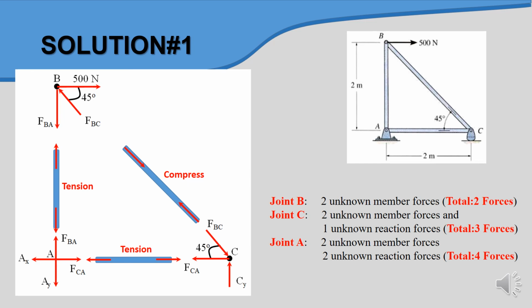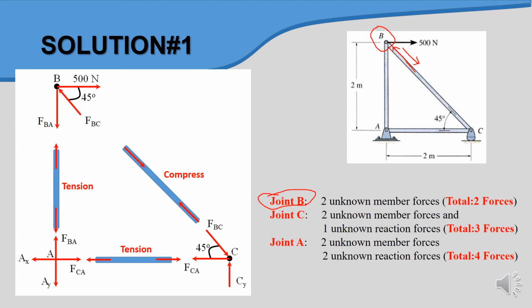Let's see, we have joint B, and here we have 2 unknown member forces. Whether you make it something like this or something like this, if you don't know, you set all 3 members as tension.